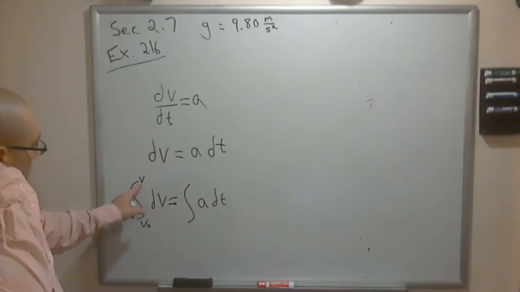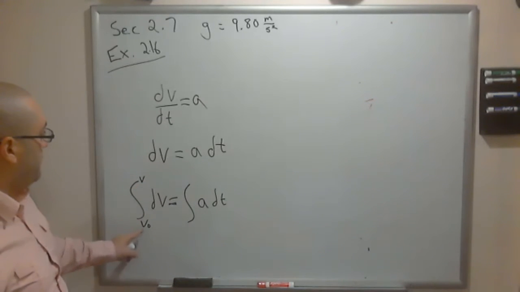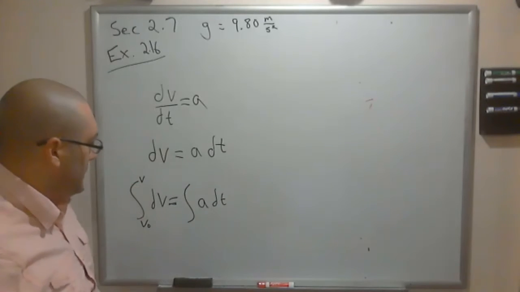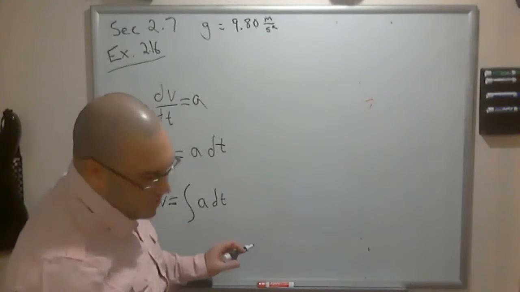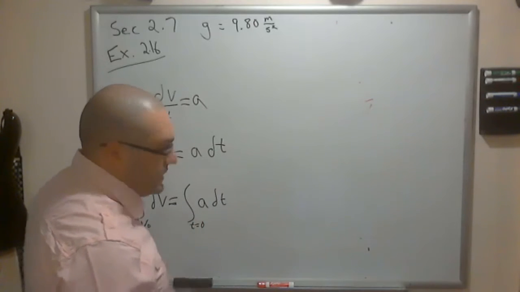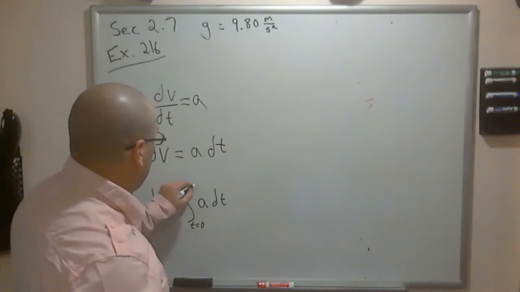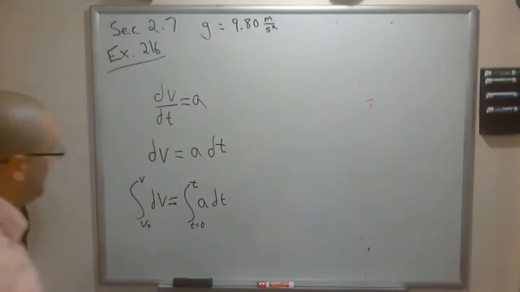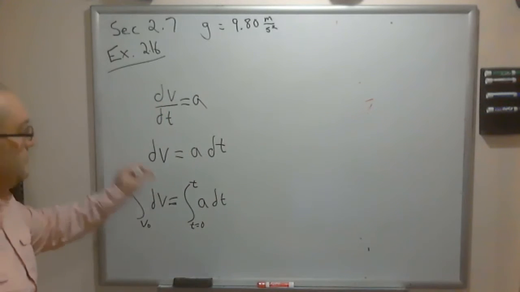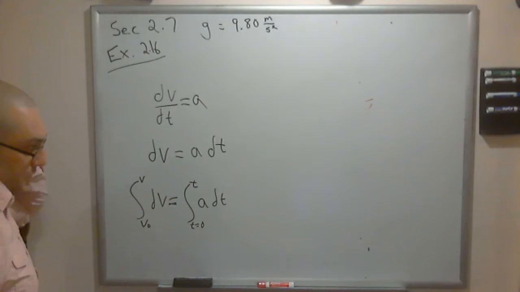So we go from the beginning velocity to whatever ending velocity, and then here we'll say that t is equal to 0 at the beginning, and then to some t later, right? So then we integrate each side separately.